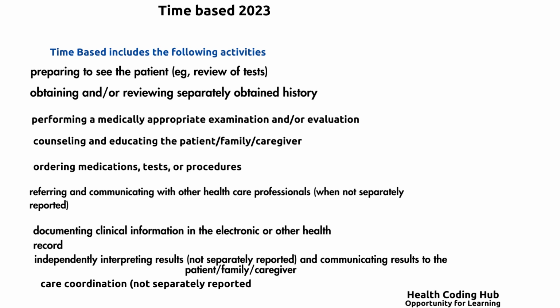It is important to communicate the result to the patient, family, caregiver, or care coordination, but this communication is not reported separately. If a physician or healthcare professional is slow in typing and uses the HPP method, meaning the hunt and peck method of typing, they need to track their work based on the time.